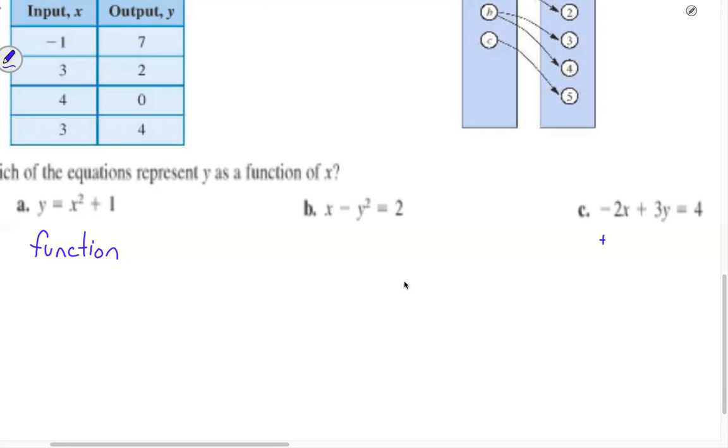I can add 2x to both sides. I can write 3y equals 2x plus 4. Then I can divide by 3, right? And I get y equals 2/3 x plus 4/3. Okay? So Lynch, you are right. Now, why is this one different? Come on.